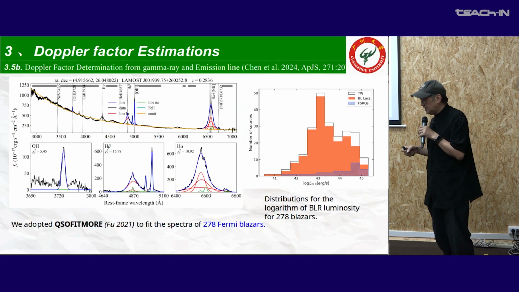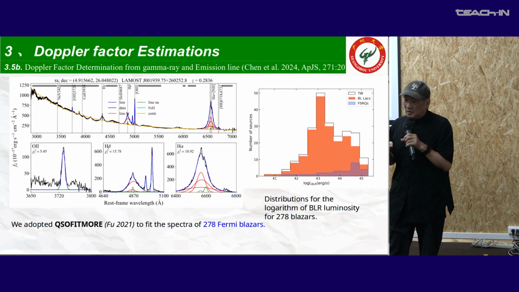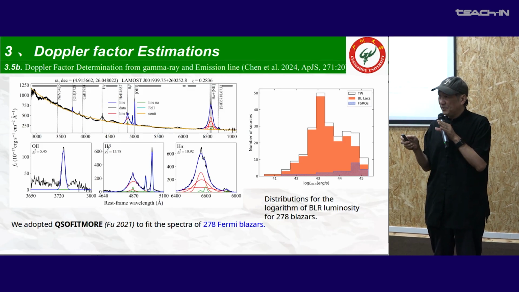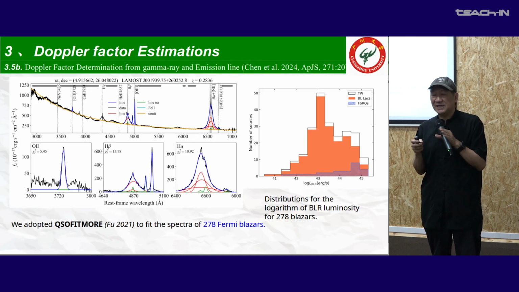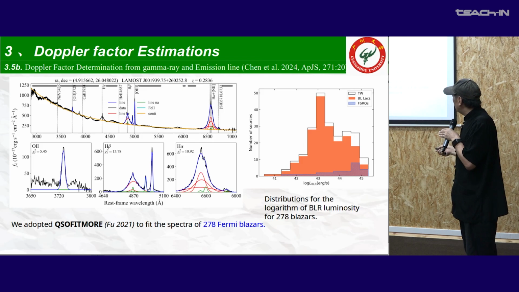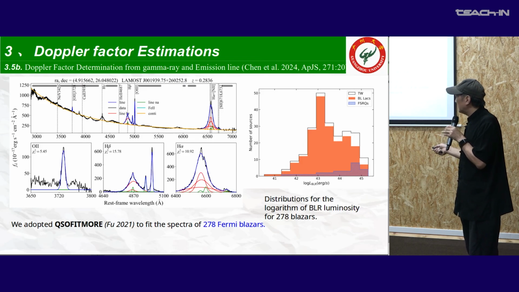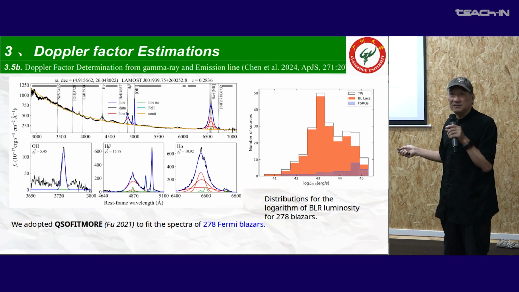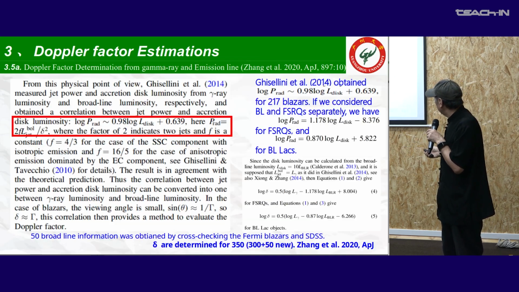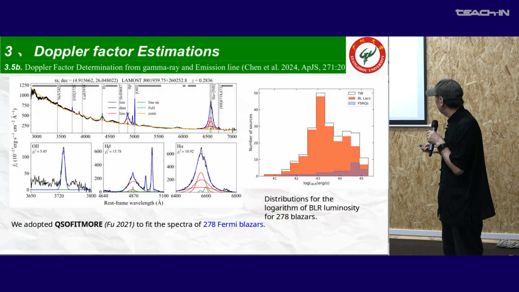And to do so, we make a cross-check between the Fermi catalog and SDSS. We get many sources that have emission lines, and we use this formula to get the Doppler factor values, and here is the result.